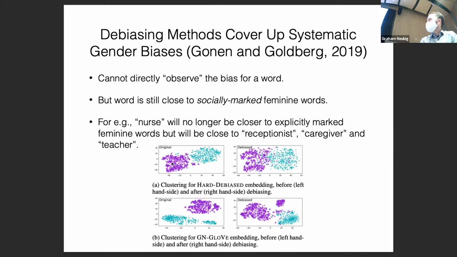We have a cluster of male biased words and female biased words, or vice versa, I forget which one it is. But if you cluster them, or you project them down to an embedding space through a projection method like t-SNE or PCA, you still get essentially an identical result. Maybe these clusters are a little bit closer, but still, female-oriented words are closer to female-oriented words, and male-oriented words are closer to male-oriented words.